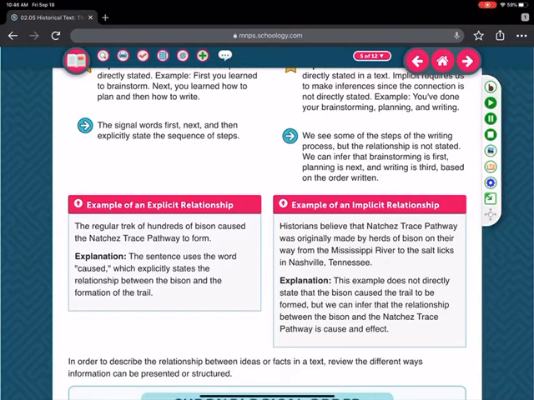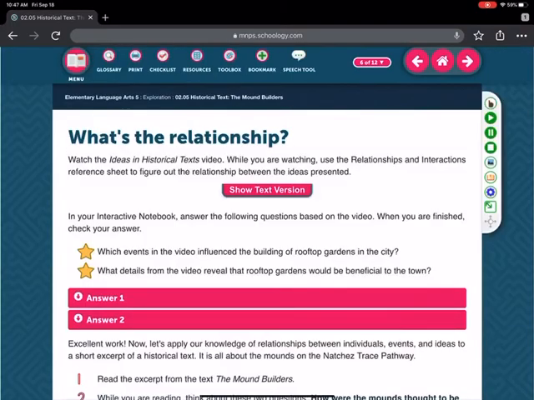But we can infer the relationship between the bison and the pathway is the bison made the pathway, okay, because of what it says, okay? So in that one, we kind of got to use what's in our heads. It's not a straight cut fact, but they do mention it as a possibility. So we've got to use what they give us, plus what's already in our heads, okay? So what we can get to.